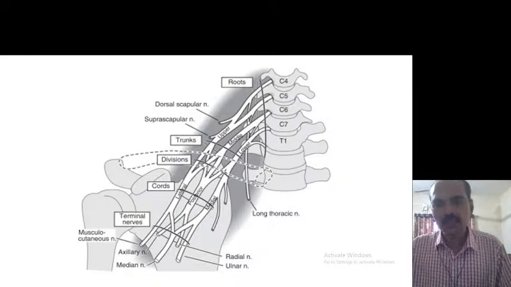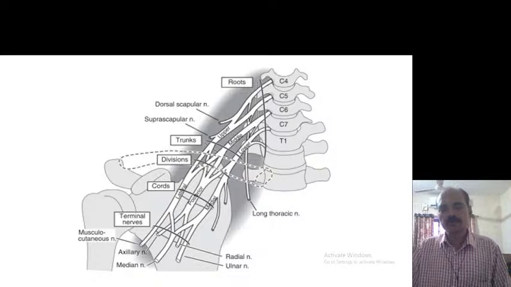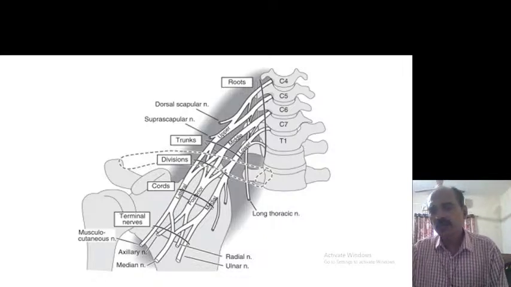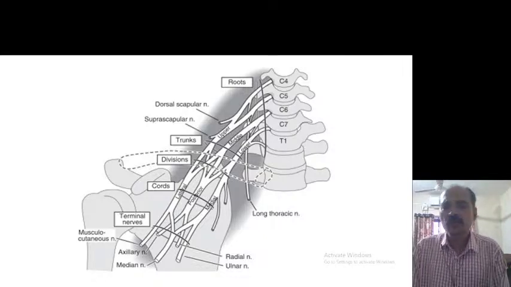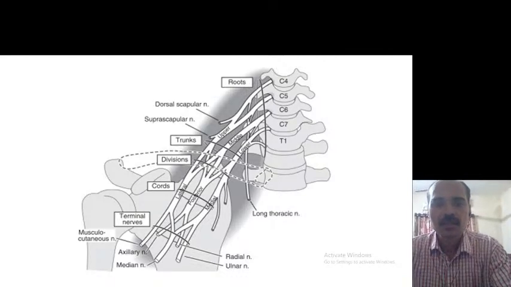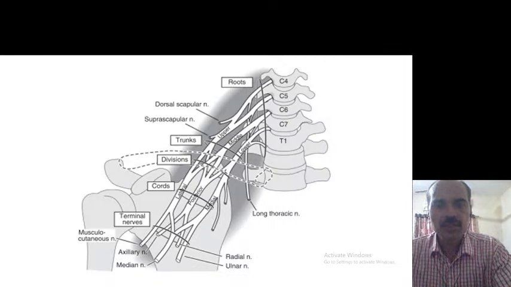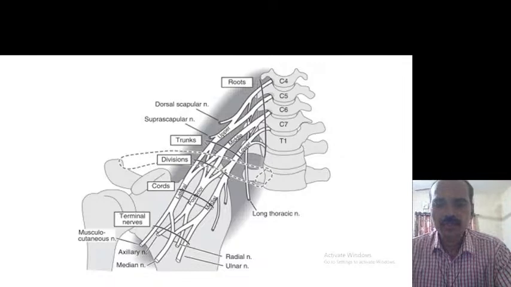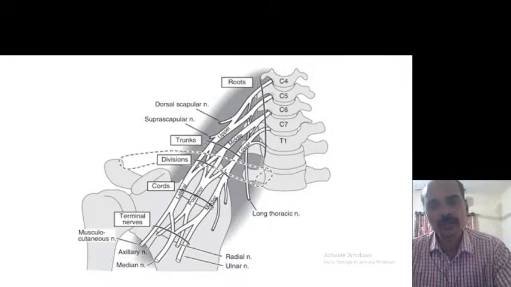So after completion of this brachial region and the axillary wall, let us compare with the gluteal region of the lower limb, where gluteus maximus, gluteus medius and gluteus minimus are the 3 muscles, supplied by the superior and inferior gluteal nerves.